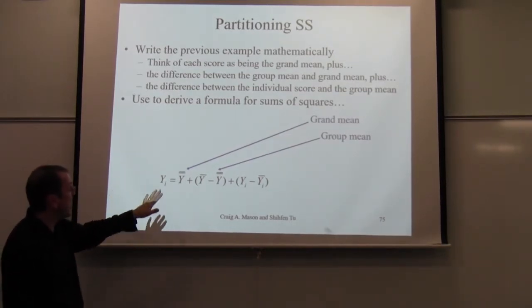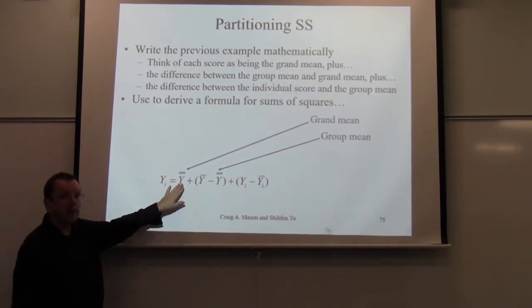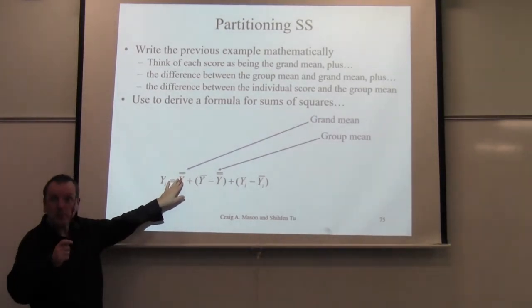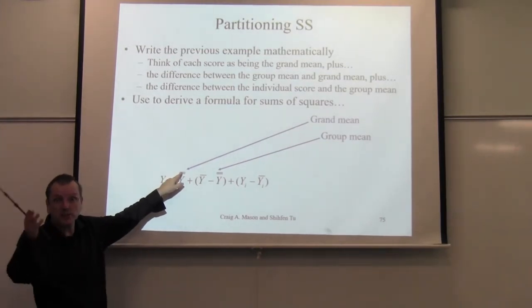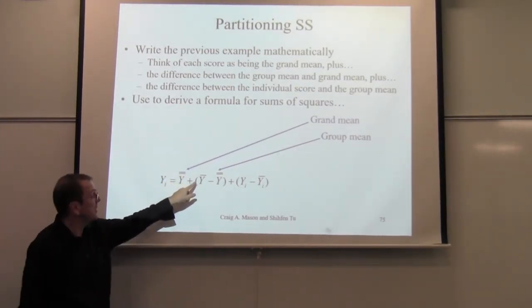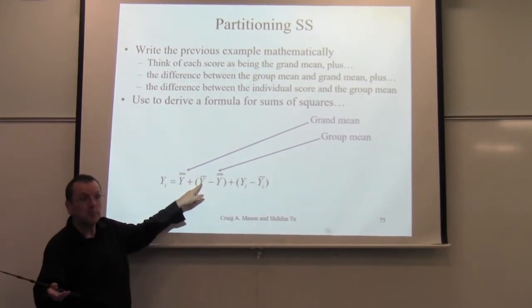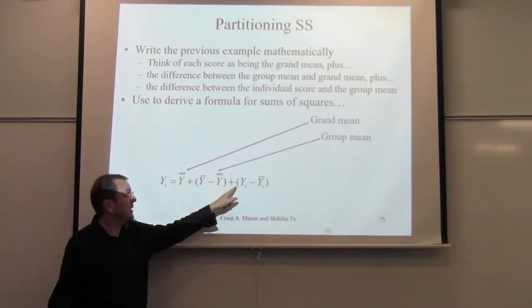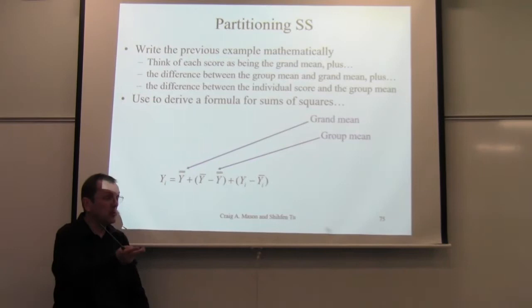Mathematically, what we just talked about, you can write down as the grand mean, which is mean y with the bar across, but because it's the grand mean, we put 2 bars because it's the average across the groups, plus y bar, my group mean, minus the grand mean, plus y i, my individual score, minus y bar, my group mean.